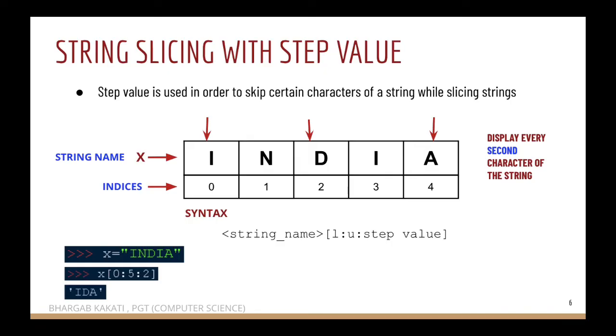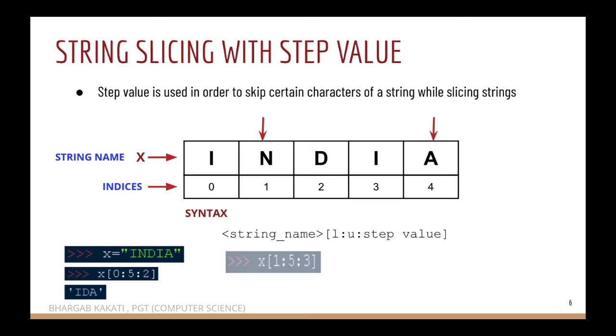I, D and A. Now, if I want to display N and A, what will be the formula for doing that? x, that is the string name, then within the third bracket 1, that is the lower limit, is to 5, that is the upper limit, is to 3. Why 3? Because I have skipped 3 characters in between. So what it means? It means to display every third character of the string. So I'll get the result as N, A.